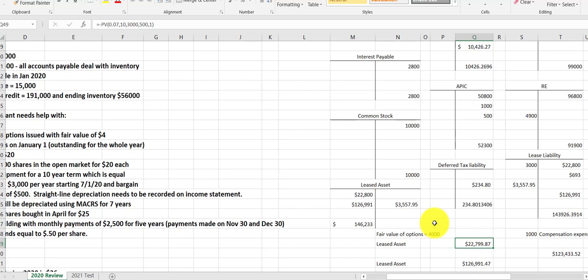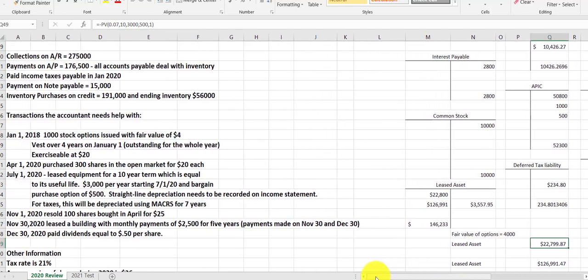We do leases at the beginning of the period, so we have to put a 1 at the end of our formula, and that gets us $22,799.87, rounded off $22,800. Debit leased asset, credit lease liability.